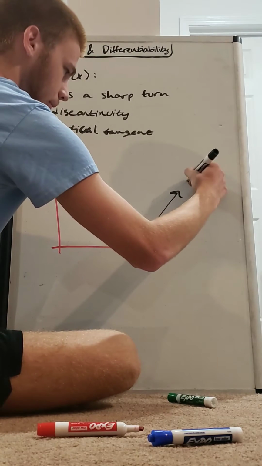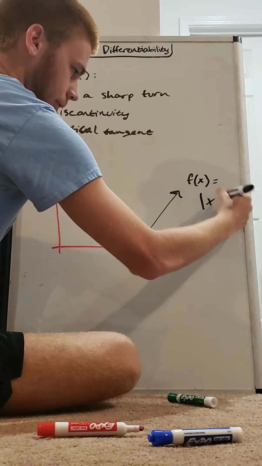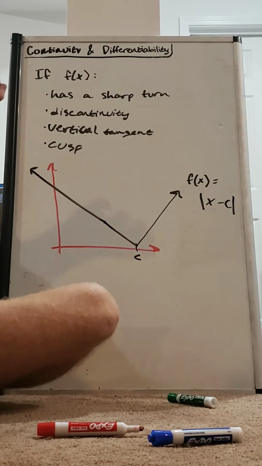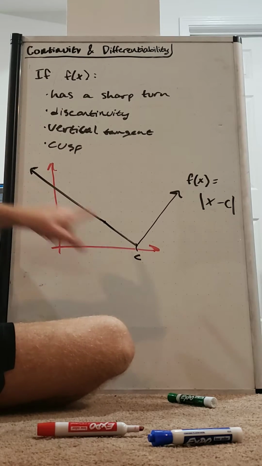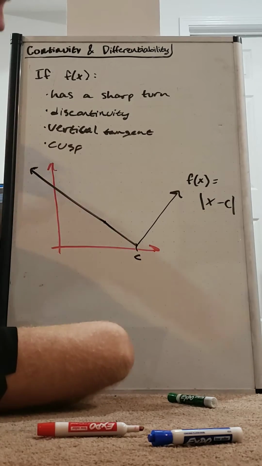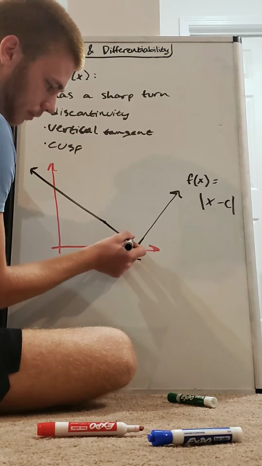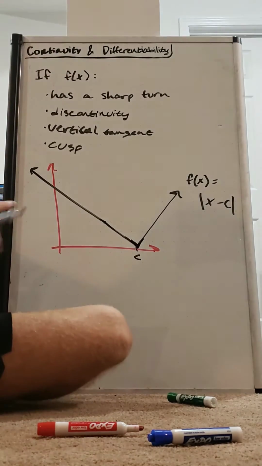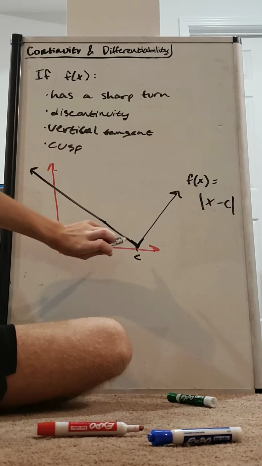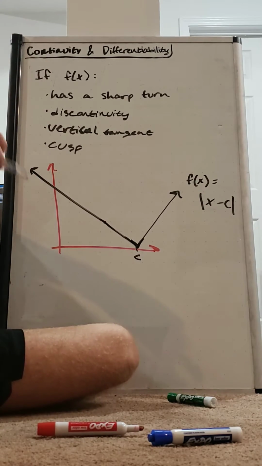So if we say f of x equals the absolute value of x minus c, that'd be this function here. This function is not differentiable at x equals c. It is differentiable everywhere except x equals c because of this sharp turn it has right there.